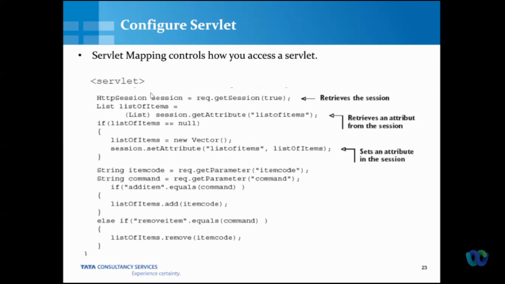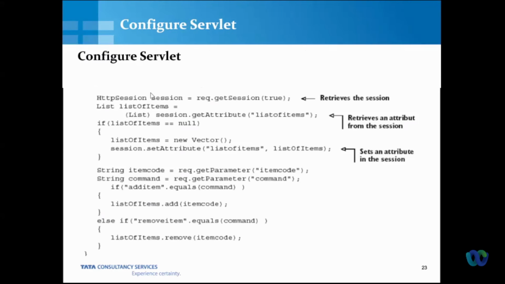So this is the servlet name and servlet class. As mentioned in the previous line, the first entry under the root servlet defines the name of the servlet and specifies the compiled class that will execute the servlet.